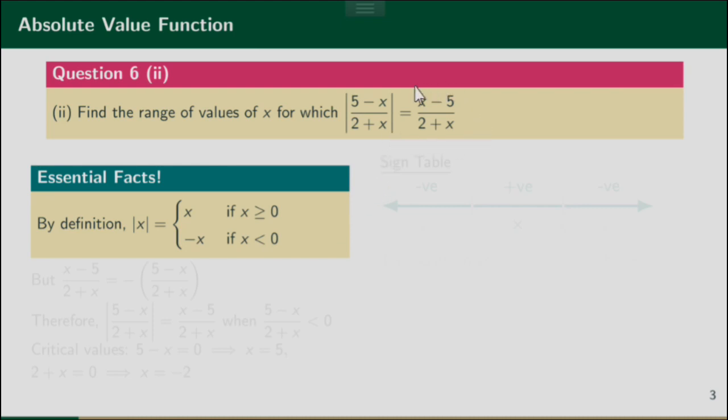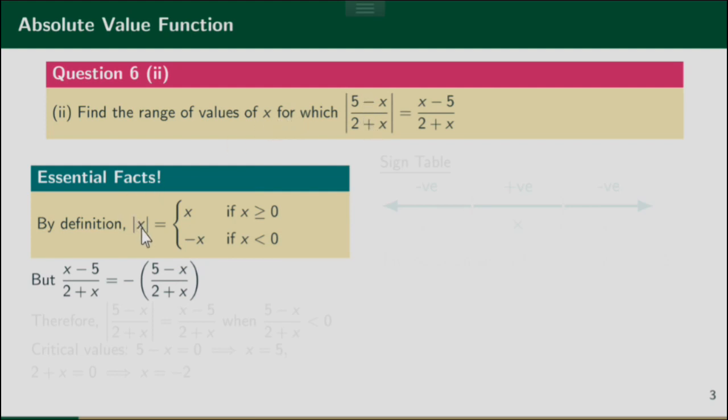So in order to solve this question, we have only two possibilities. We need to check if this value is positive or this value is negative, of what is inside the absolute value sign. But then, if I take x minus 5 divided by 2 plus x and factor out a negative sign, I'll obtain exactly what is in the absolute value sign.